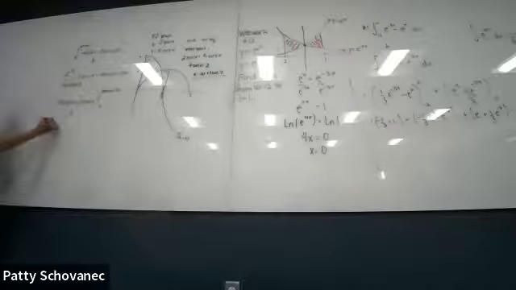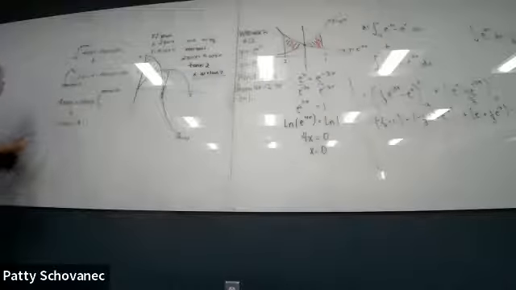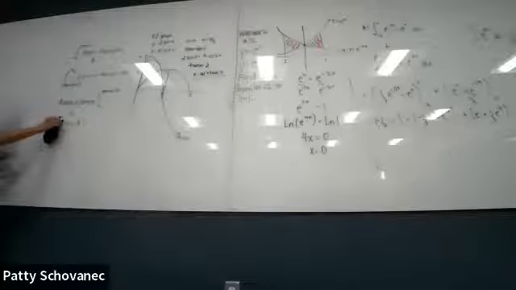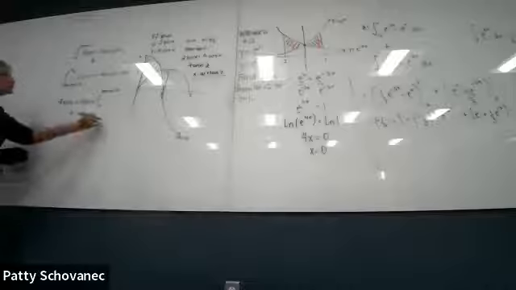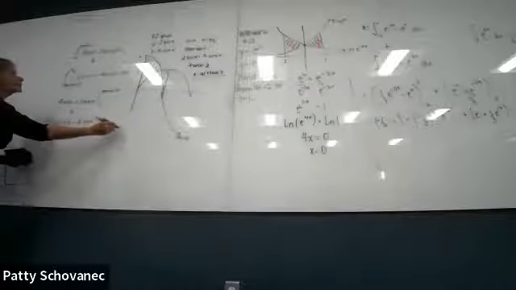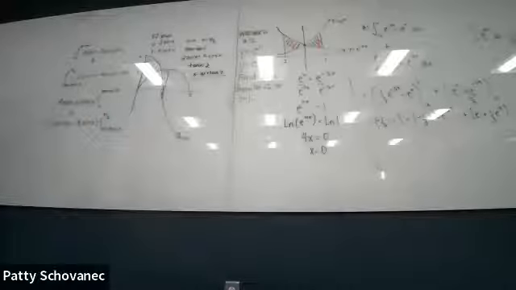And then here I get minus 2 cosine of x minus 4 sine of x to be evaluated from arctangent of 2 to pi halves. Everybody with me?